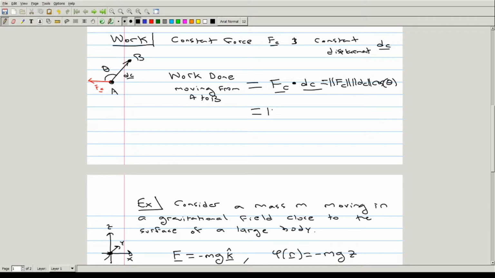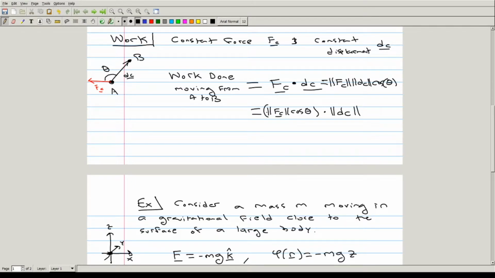First off, you can say that the magnitude of force... I think the best way of interpreting this is saying that it's the magnitude of force cosine of theta. This is the total amount of force acting along this axis, the projection of the force vector onto this axis, and then it is just multiplied by the total distance traveled.